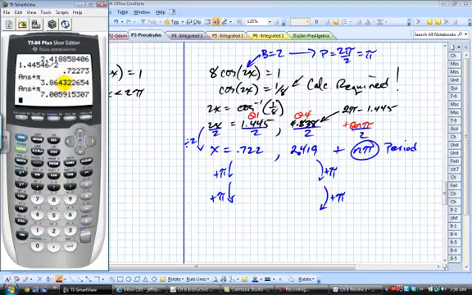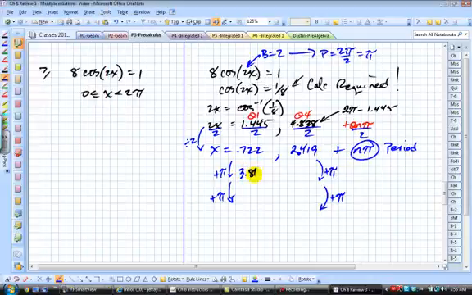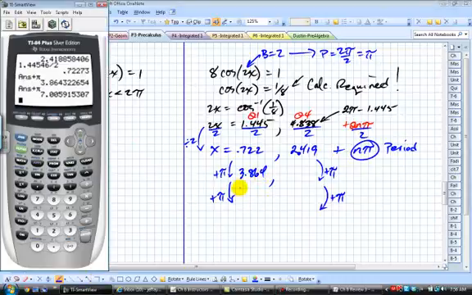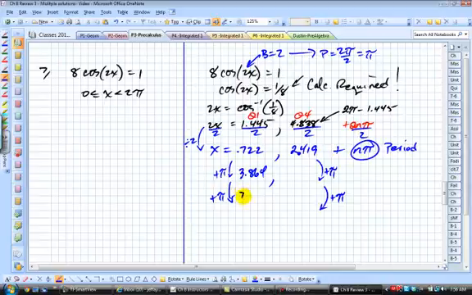So my next solution is 3.864. And then my next one I'll write down, even though I'm not going to consider it: 7.006. This one is greater than 2 pi, so we're not going to consider it because we want it less than 2 pi, which is roughly 6.28.